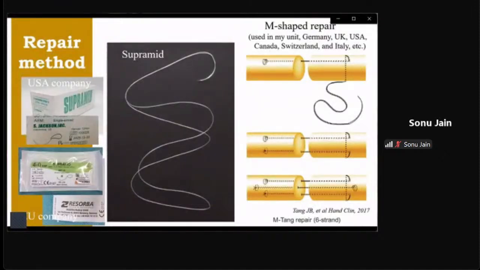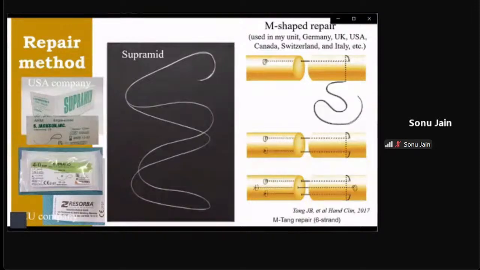In making an M-shaped repair, I use looped nylon suture. Different companies produce looped suture. In Asia, in Japan and China, we have separate companies that produce looped suture. In the United States, North America, and also in Europe, most use Supermid.